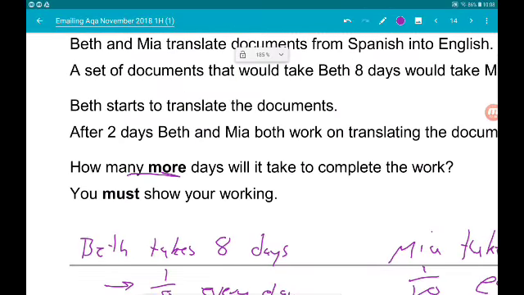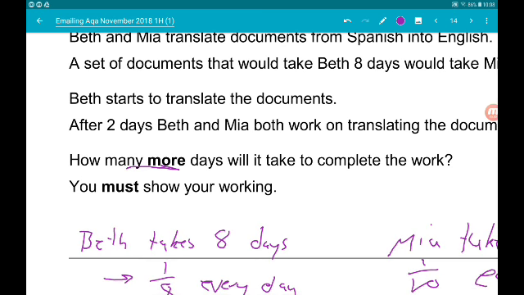So, now we're told that Beth starts to translate the documents. After 2 days, Beth and Mia both work together.